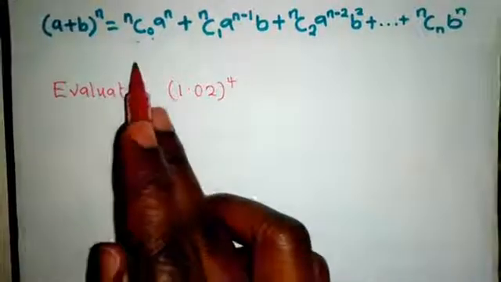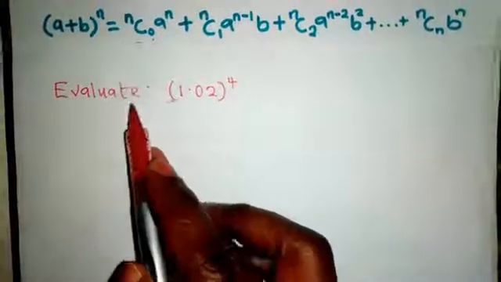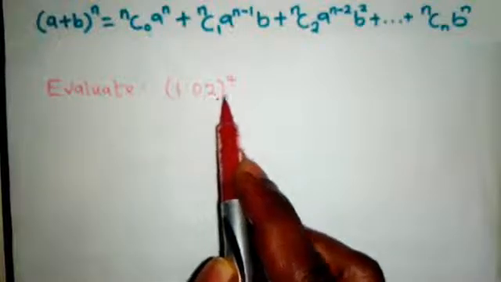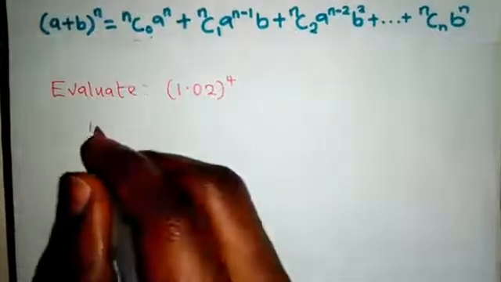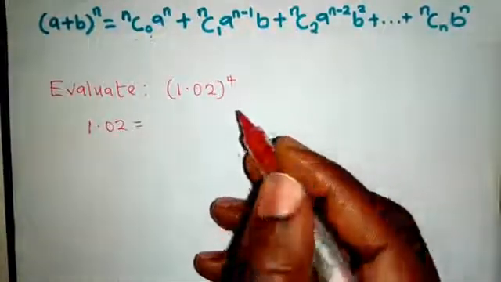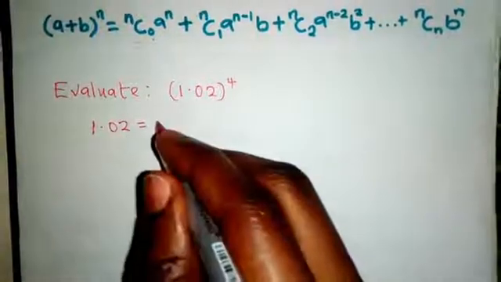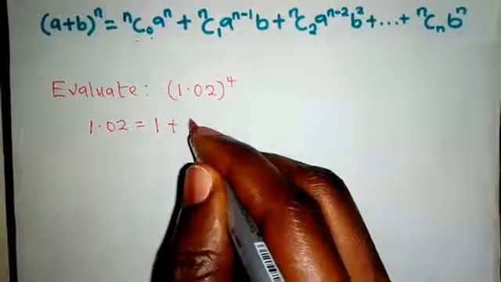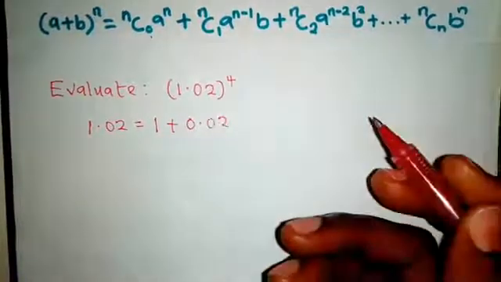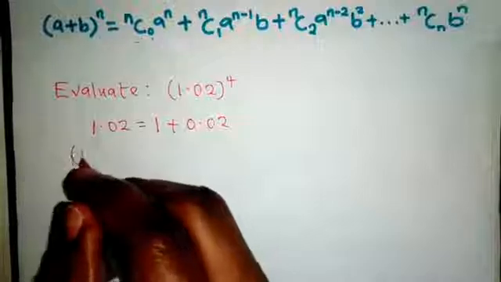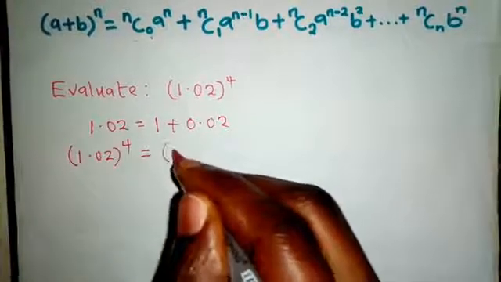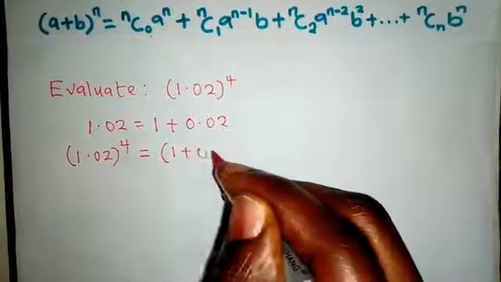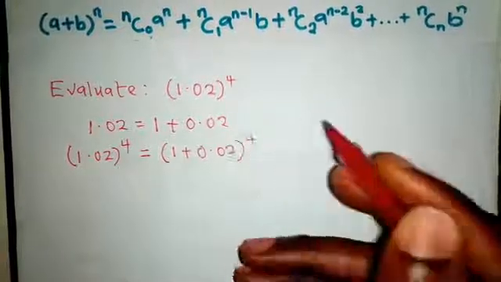Now let's see how to evaluate 1.02 to the power of 4 using the binomial theorem. This number 1.02 we can split into 1 plus 0.02. And so 1.02 to the power of 4 can be expressed as 1 plus 0.02 to the power of 4.